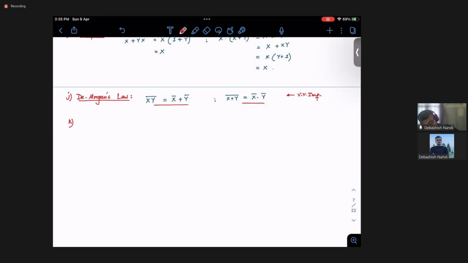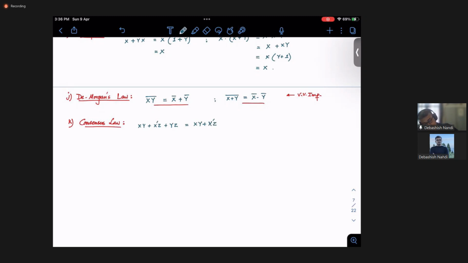And one of the other derivatives of all this kind of formulas is the consensus law. This is very interesting, and you should try to prove it. The proof is very simple. The consensus law says that if you have something like this, xy plus x bar z plus yz, this is nothing but xy plus x bar z.